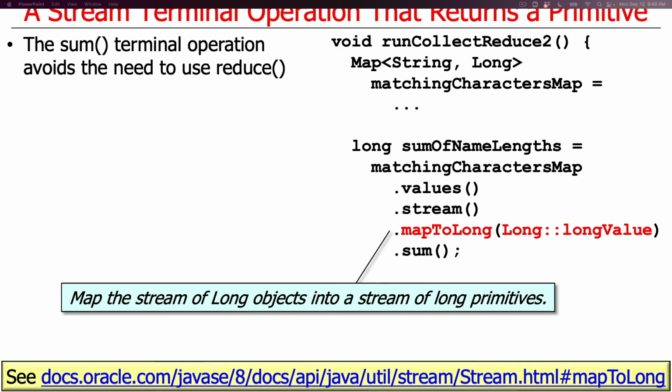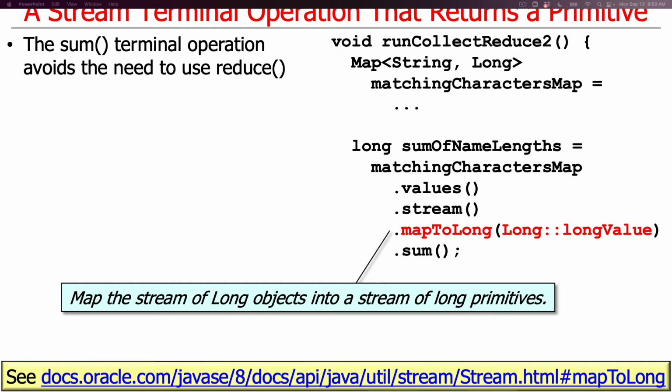And then we're going to use the mapToLong operation. This is an intermediate operation that, in this case, will map the stream of Longs with a capital L into a stream of longs with a lowercase l. And you might go, aren't those the same thing?